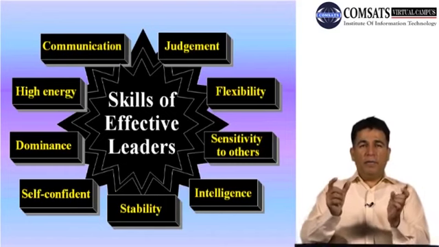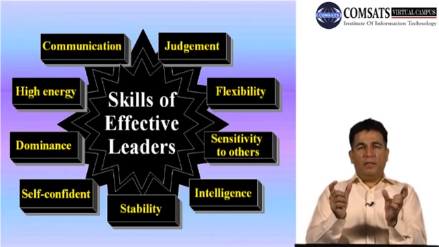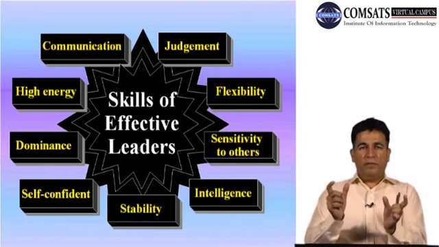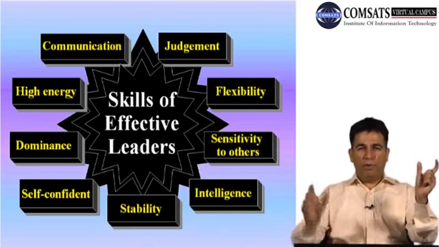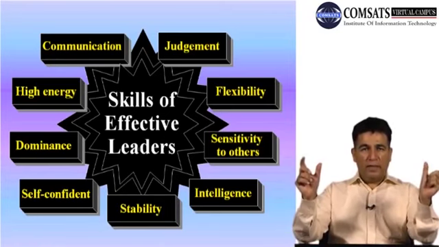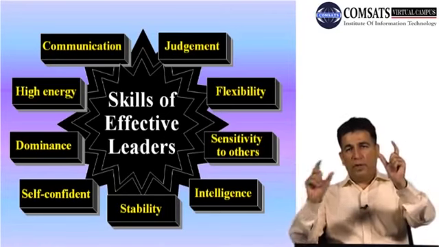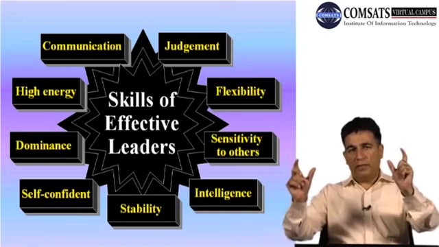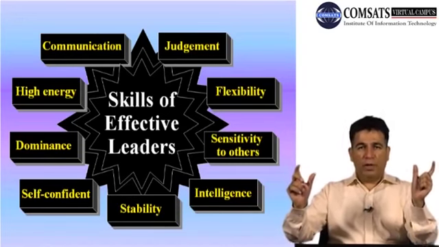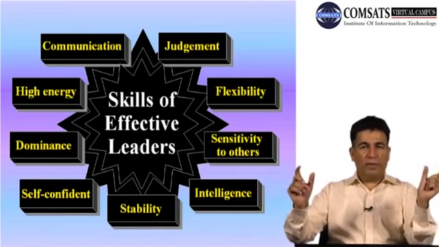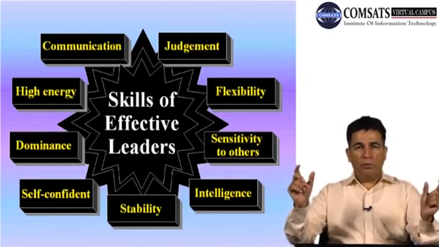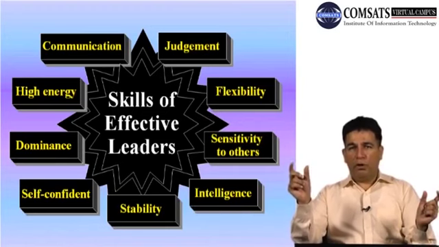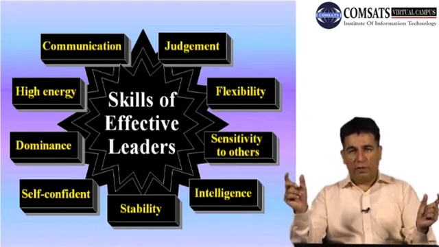So, when we talk about the definition of communication, it is the process of sending and receiving information. We have a sender and, of course, a receiver. The sender is sending the message and the receiver is getting that message. It is the major responsibility of the sender to send a message according to the educational level and understanding level of the receiver.